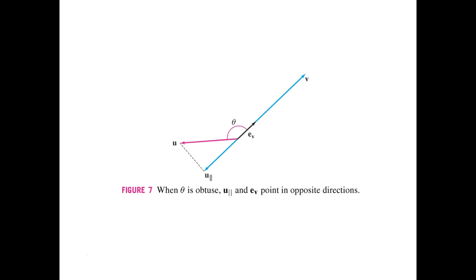So that negative means it's in the opposite direction of the unit vector direction of V. Still collinear with it, but it's pointing in the opposite direction. When theta is obtuse, the U parallel, or projection of U onto V, and eV point in opposite directions. The same thing that we did before was true. Those hold up. It's just that term there is negative.